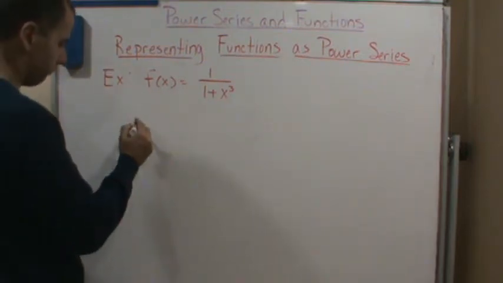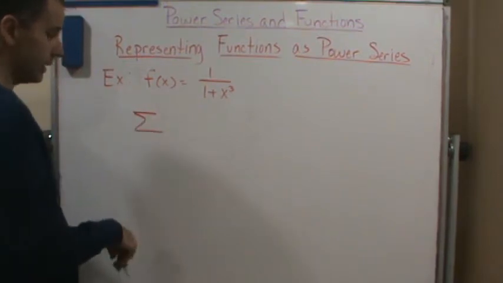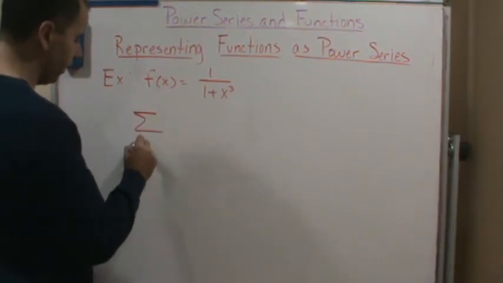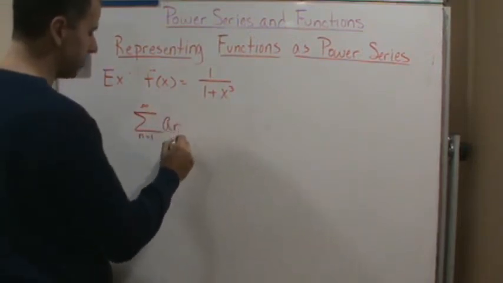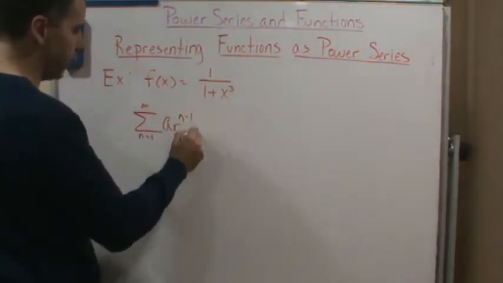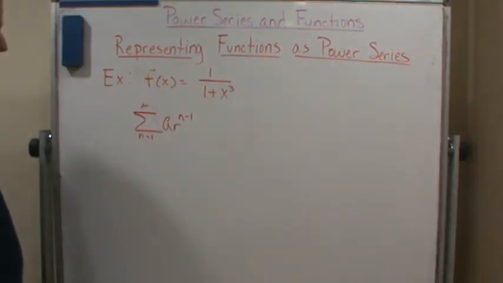Remember, for a geometric series, we have the sum from n equals 1 to infinity of a times r to the n minus 1, right?